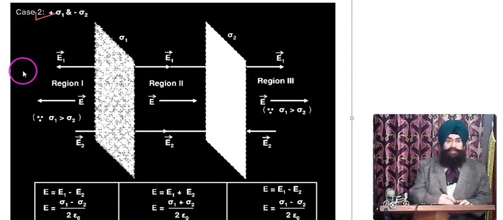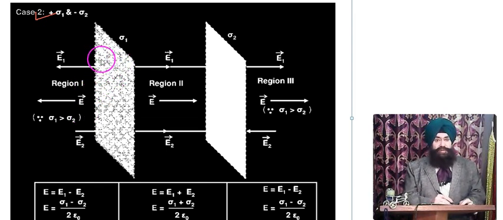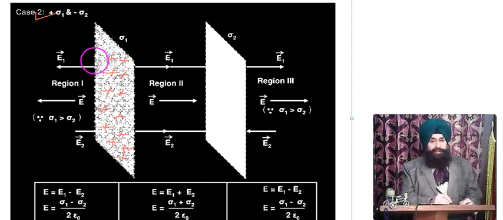Now this is the second case. For this case, we are thinking this sheet is positive, a positive charge distribution, assigned the parameter sigma 1.